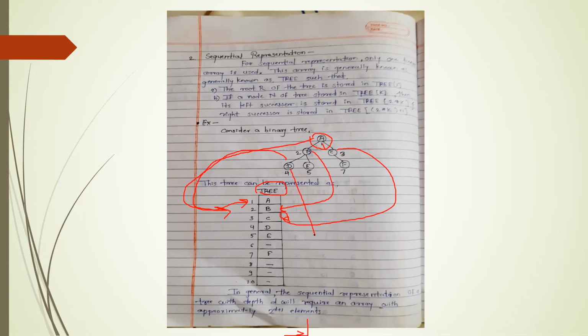At 4, D. At the position 5, E is stored. And F at the position 7. In this way, tree is represented in memory using sequential representation.